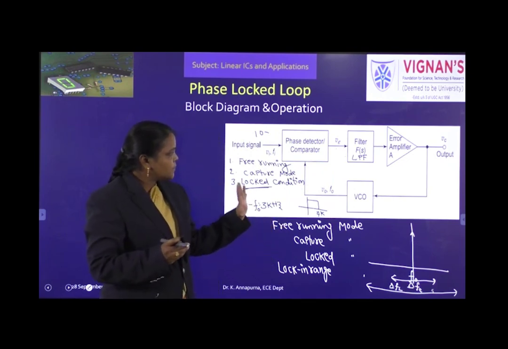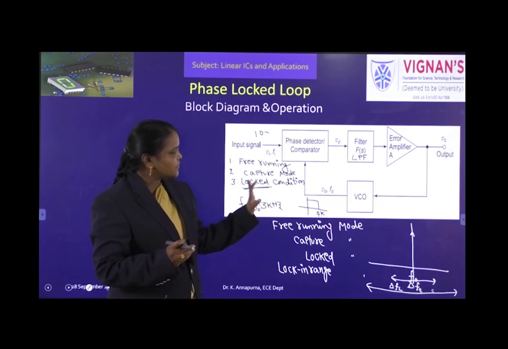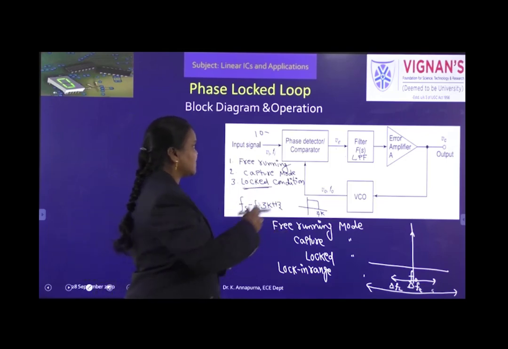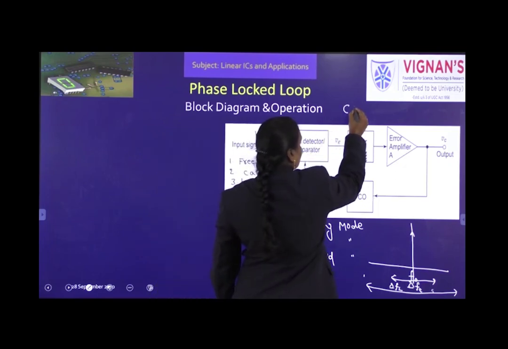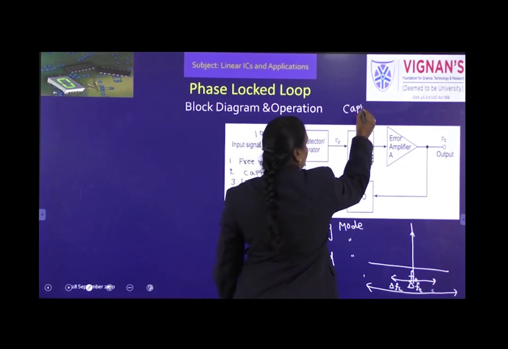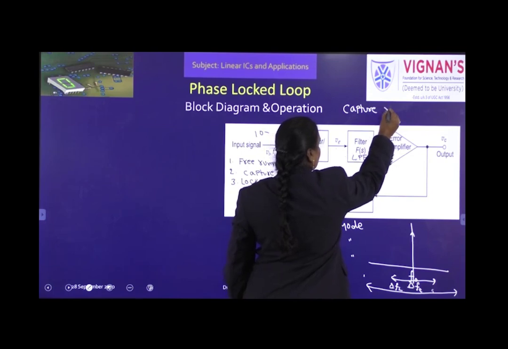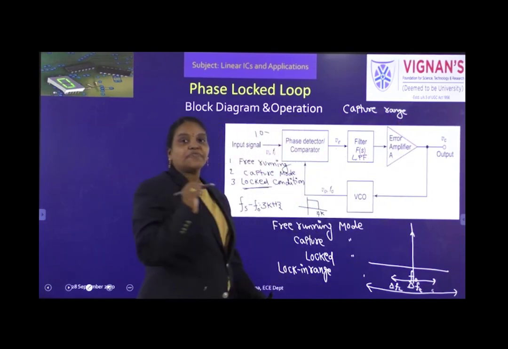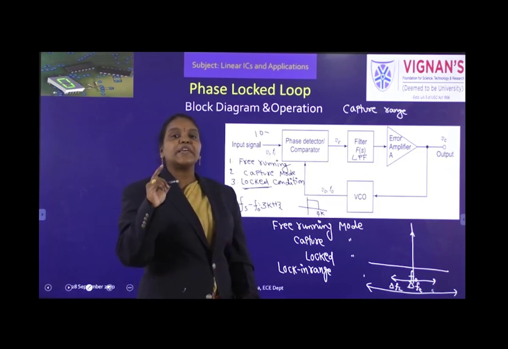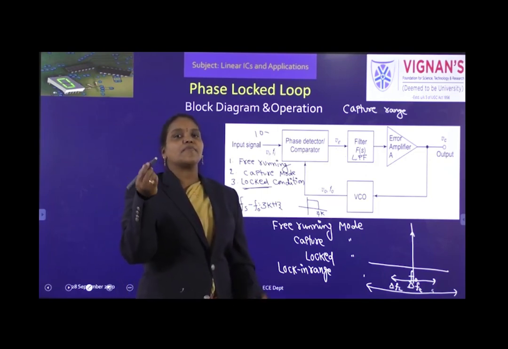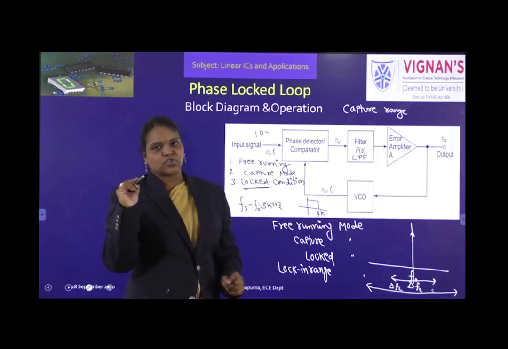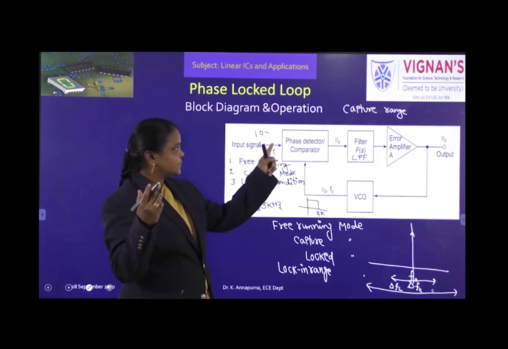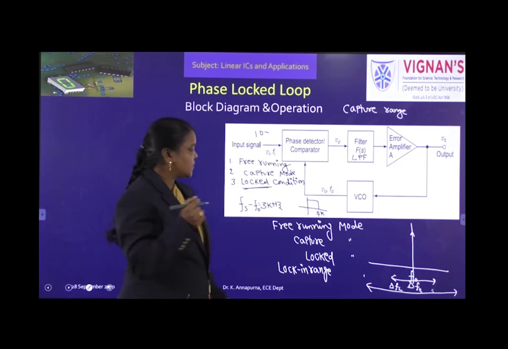Okay, the major important definitions of this are: capture range means it is the range of frequencies over which the PLL can acquire lock with the incoming signal frequencies. That is, it is able to acquire lock. That is called capture range.